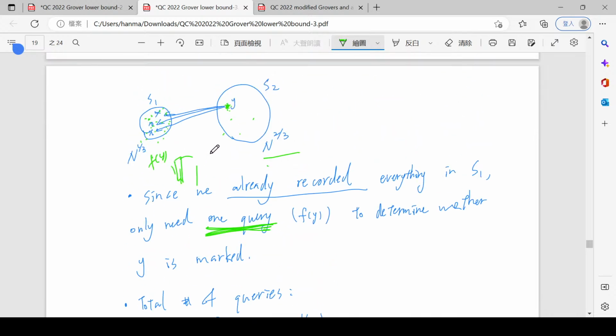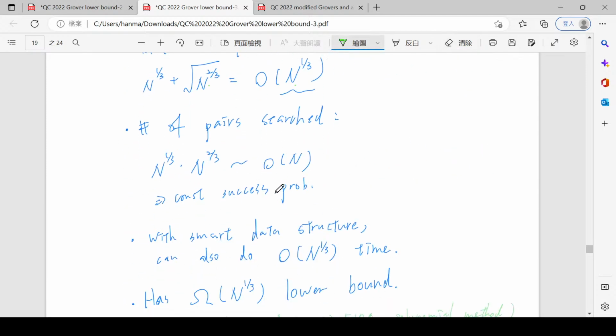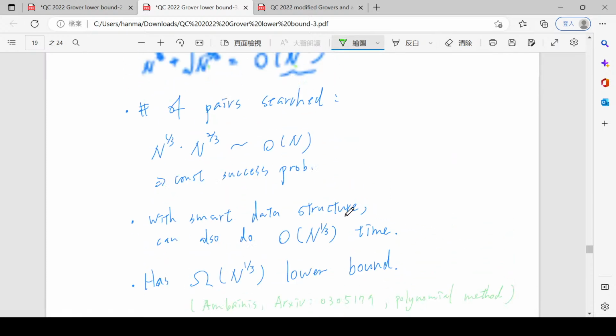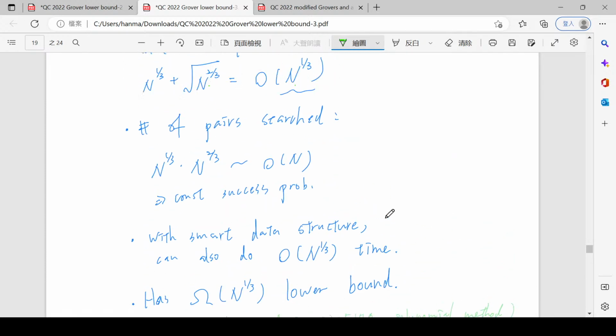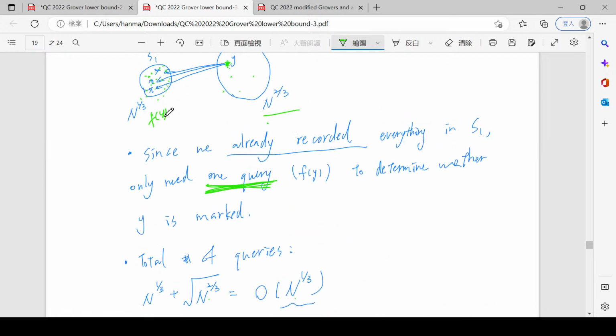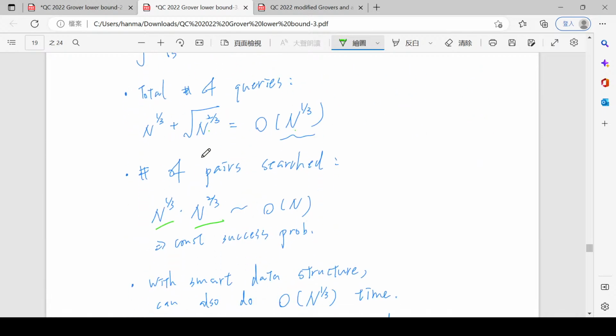But do we find a collision with high probability? And that's yes, because the number of pairs we have checked now is n to the 1/3 times n to the 2/3, right? Because pairs. So n to the 1/3 here, n to the 2/3 here, so the number of pairs is multiplying together.